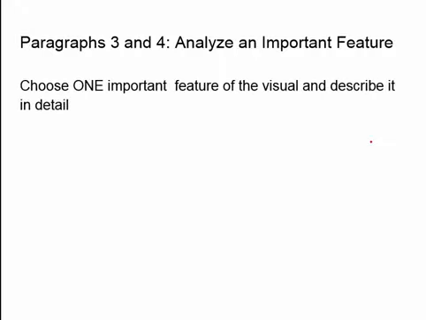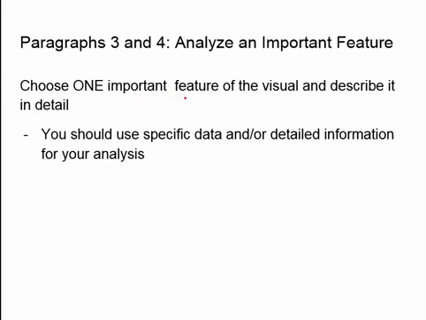Then, at the end of your report, this is where you can mention some interesting specifics that you notice in the visual. Each of paragraphs 3 and 4 should have one important feature that you're focusing on, and you describe that feature in detail. So you use specific data to tell that story.